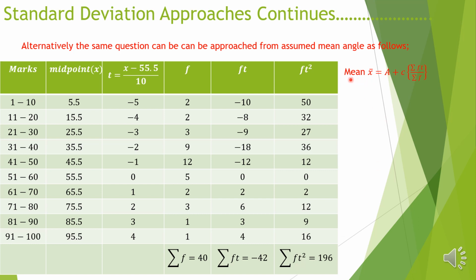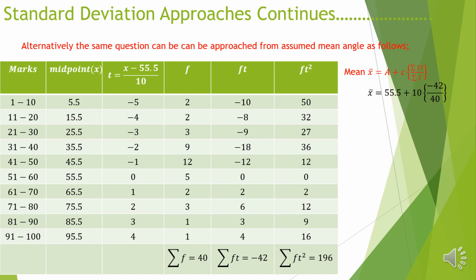Remember, with assumed mean, the mean x bar is gotten by taking assumed mean plus the scaling factor c, which was 10, times the summation of ft over the summation of f. And by so doing, we can substitute the values here.